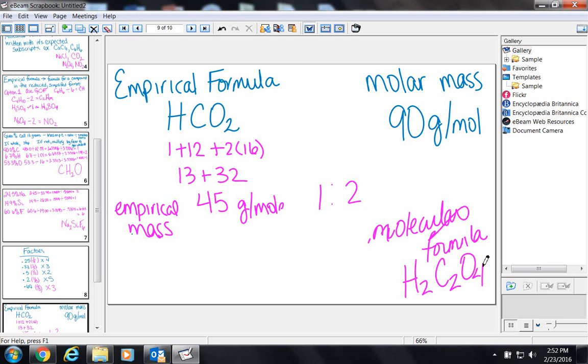Then I determine how many times 45 goes into 90. Well, it's 2. So a ratio of 1 to 2 means I multiply this whole thing by 2 with the subscripts to find the molecular formula. That one seem okay? Yeah.